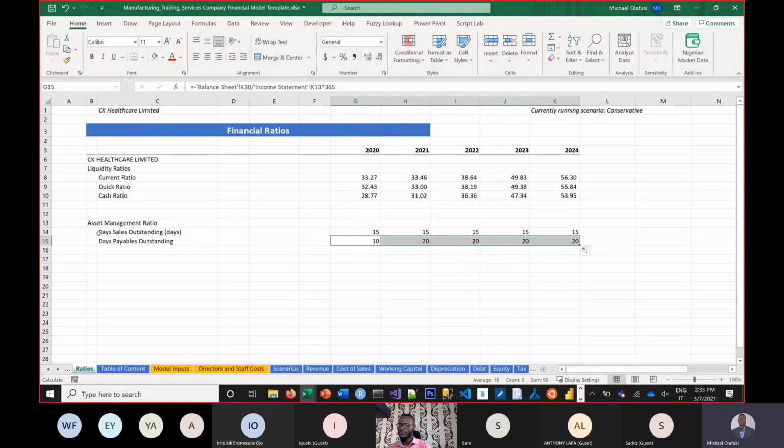As a company, you don't want to let your customers hold you longer than you pay your suppliers. If I sell cars and I pay my suppliers instantly, then you, my customers, come to buy a car from me and you don't pay me instantly, I'm going to end up selling all my cars and then I'm not going to have enough money to go and restock. Why? All my money is sitting in your bank accounts.